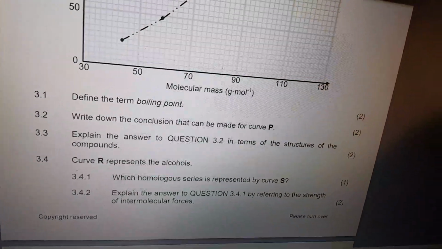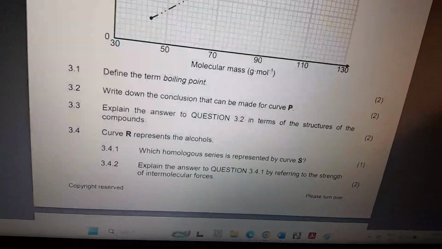Then going to the next question, which is 3.4. Curve R represents the alcohols.